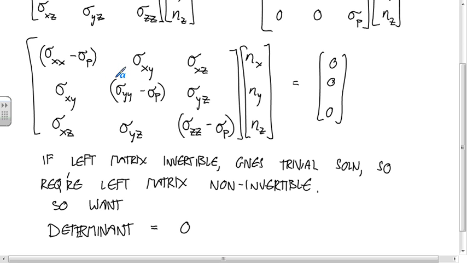What's going to be the highest power of that polynomial? It's going to be some kind of polynomial. If this is the variable, this is what we're trying to find, this sigma p. If it was a 2 by 2, it would be second power. This is 3 by 3, so it's going to be third power. So you're going to get a cubic polynomial after you go through all the algebra.